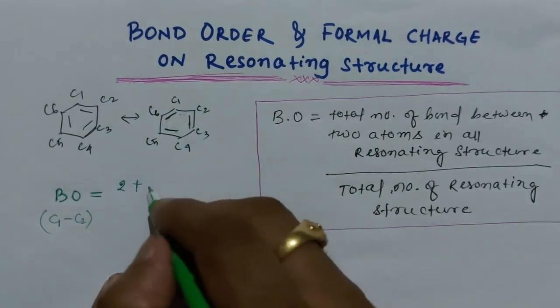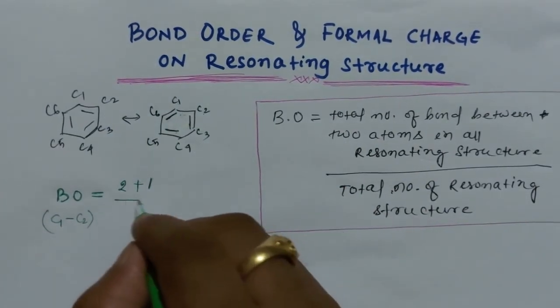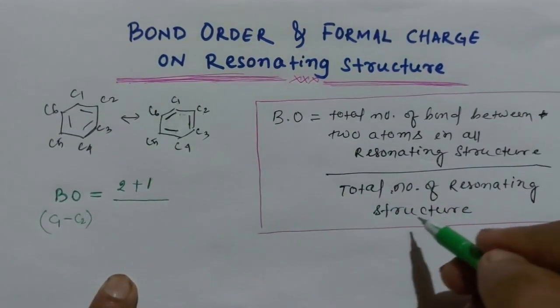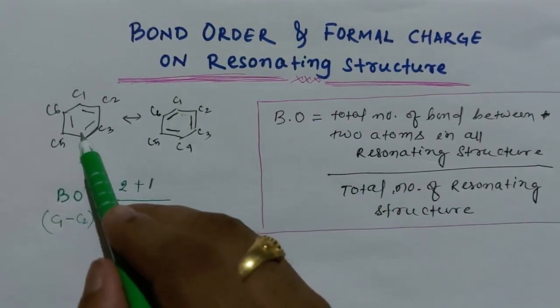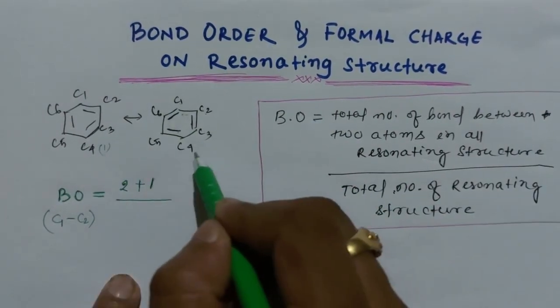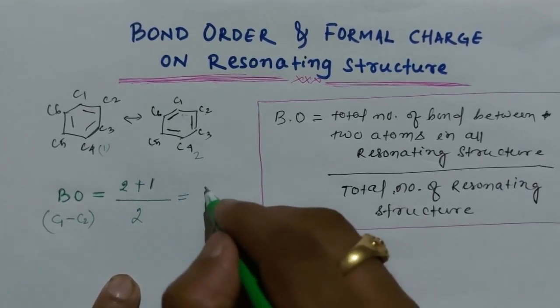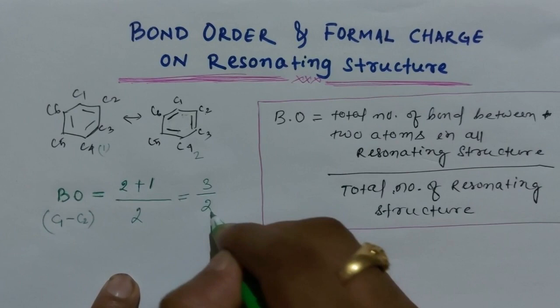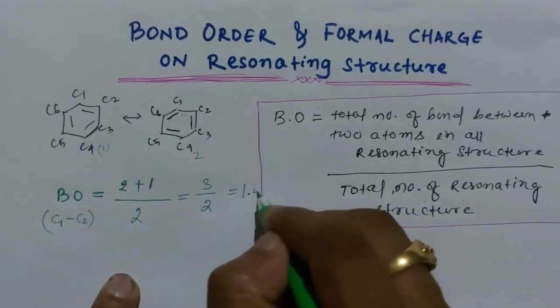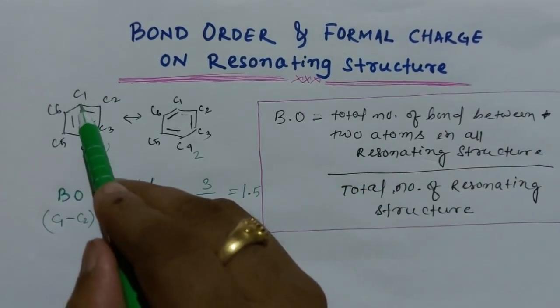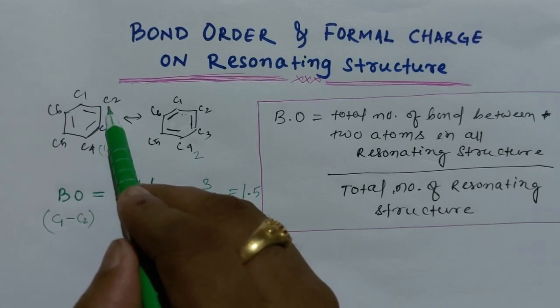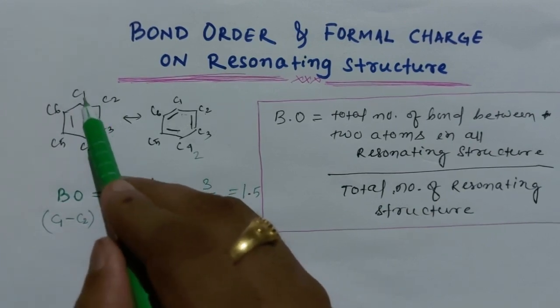That is 1, divided by the total number of resonating structures. The total number of resonating structures is 2, so divided by 2. That is equal to 2 plus 1, 3 by 2, which is 1.5. So the bond order of C1 and C2 is 1.5, but actually it looks like 2.